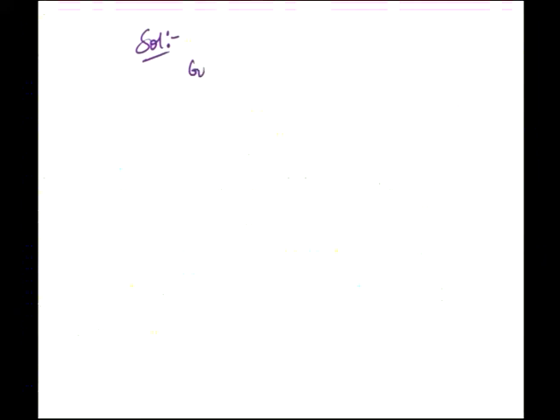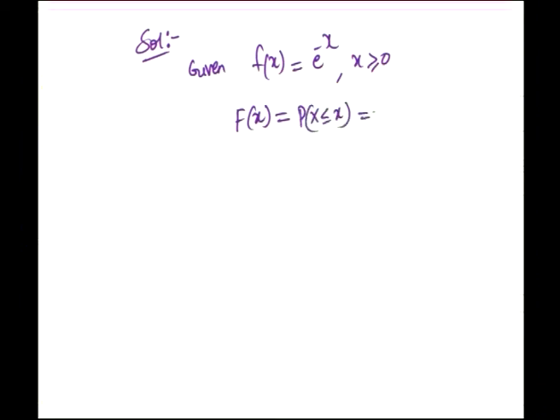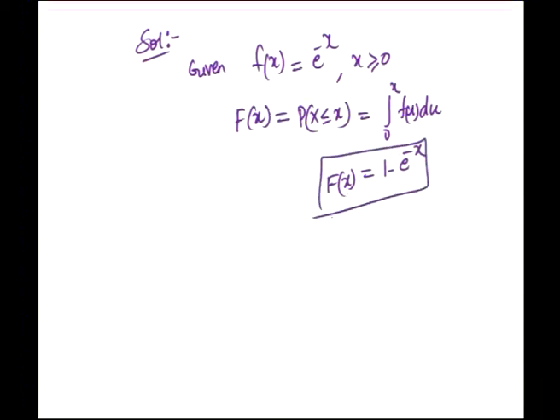The solution: given f(x) is an exponential distribution with parameter 1 for x greater than or equal to 0. Then according to the formula Fn(x), before that, what is capital F(x)? Capital F(x) is P(X ≤ x), it is the integral 0 to x of f(u) du. We have just proved this in the previous problem. So capital F(x) is 1 minus e^(-x).